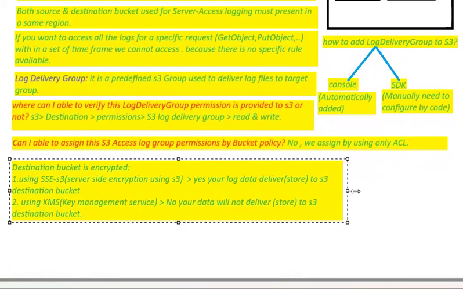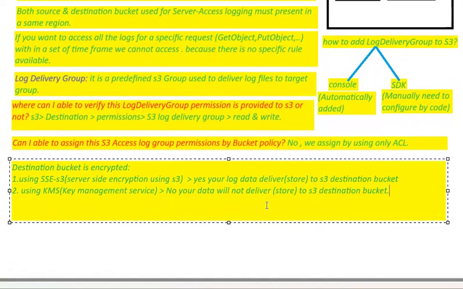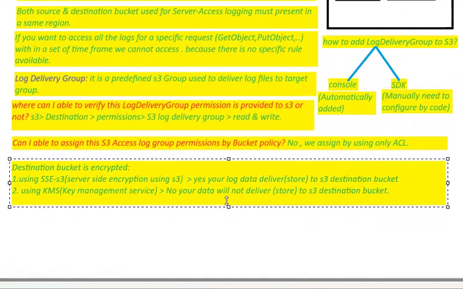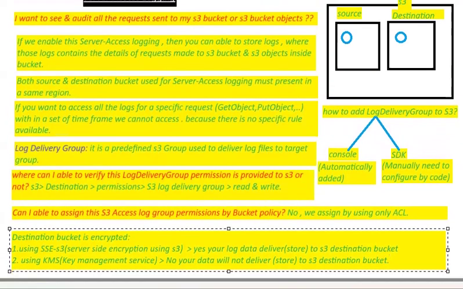So let's say I have my bucket with no encryption. Will my data be delivered to my destination? Yes. All my log file data will be delivered to the destination folder, or else you can say target bucket. So either it may be unencrypted or encrypted with server side encryption, then only your log file data will be delivered to the target bucket.